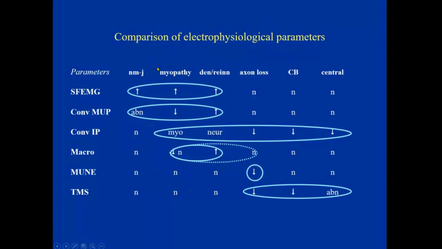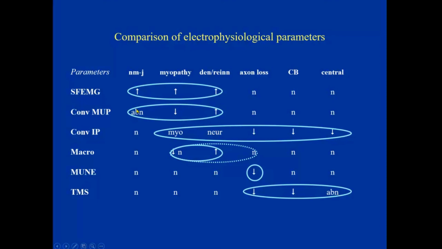Finally, when we have different conditions here: neuromuscular junction problem, myopathy, reinnervation, axonal loss, conduction block, and central disorder. Single fiber EMG shows abnormalities in all these three, and is particularly sensitive to detect problems in the neuromuscular junction.